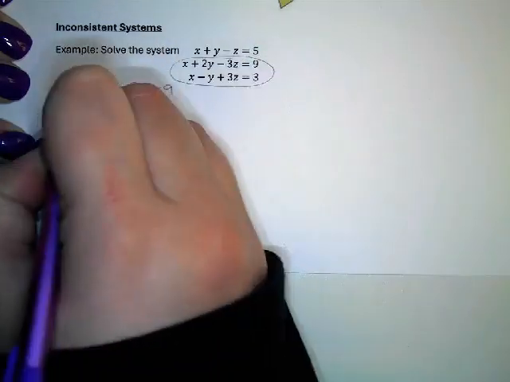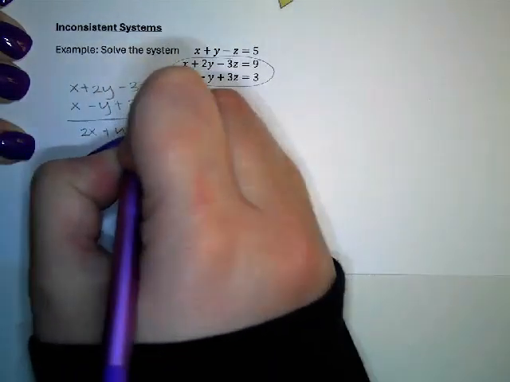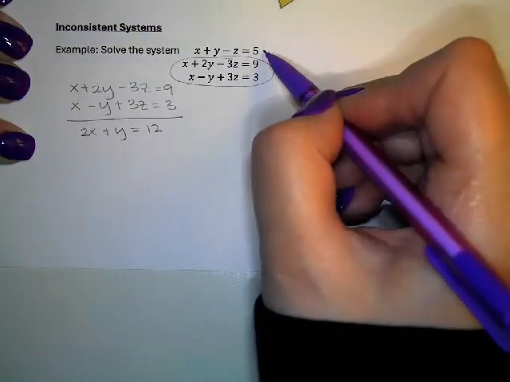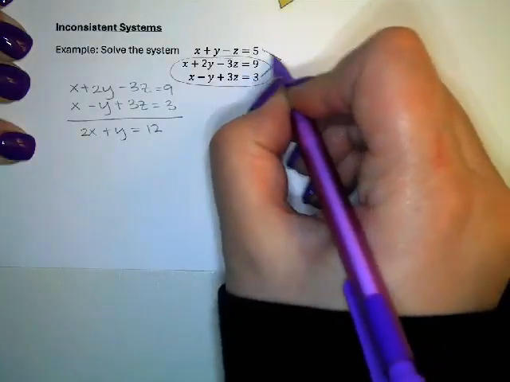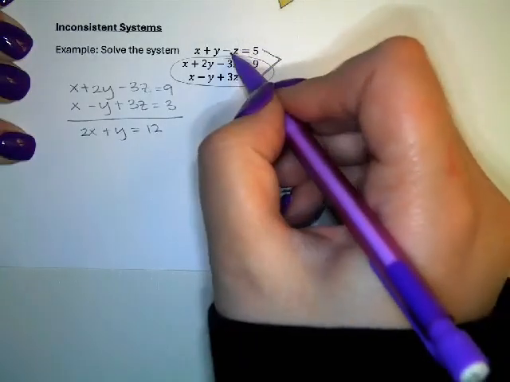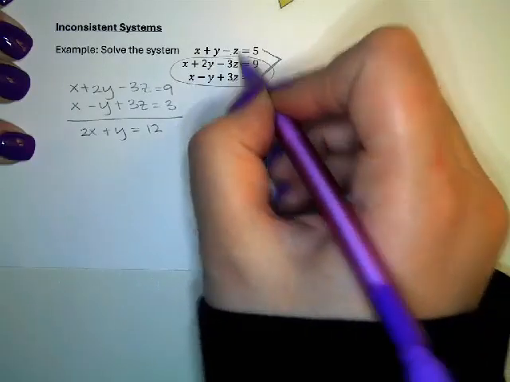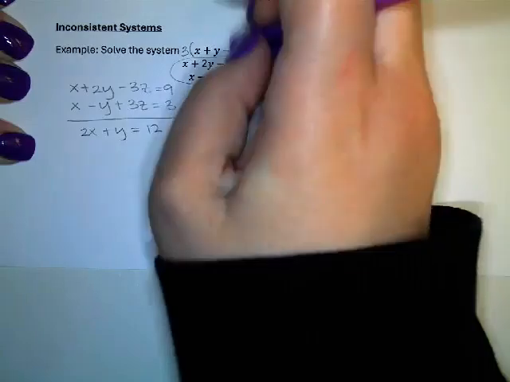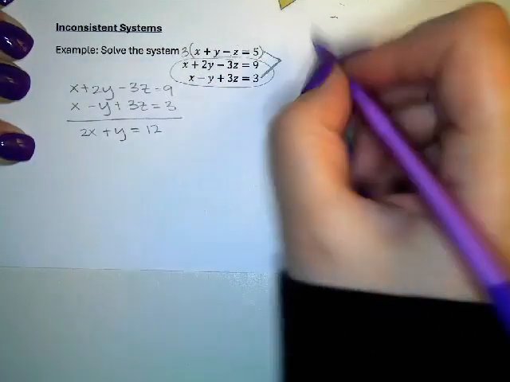Now I have to use the first equation and the third equation, because this is negative and this is positive. Positive 3, so I'm going to need a negative 3 here. So I'm going to multiply this one by 3. So I have 3x plus 3y minus 3z equals 15.